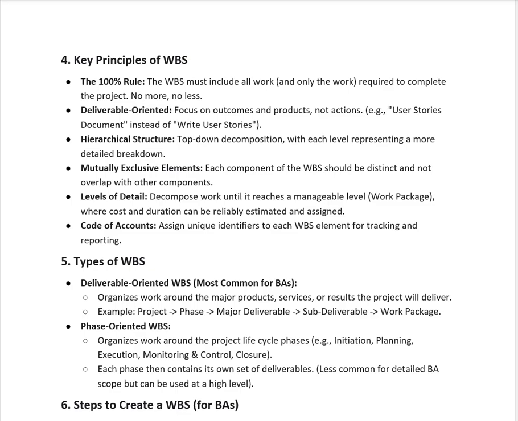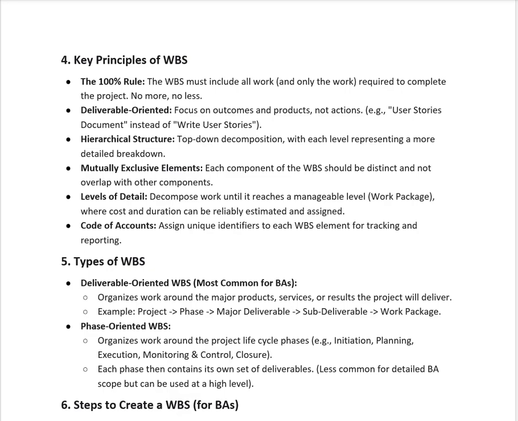And the code of accounts: it should assign a unique identifier to each work breakdown structure element for tracking and reporting, and help the teams work on that. So those are the key principles of the work breakdown structure: the 100% rule, deliverable oriented, hierarchical structure, mutually exclusive elements, level of detail, and the code of accounts.